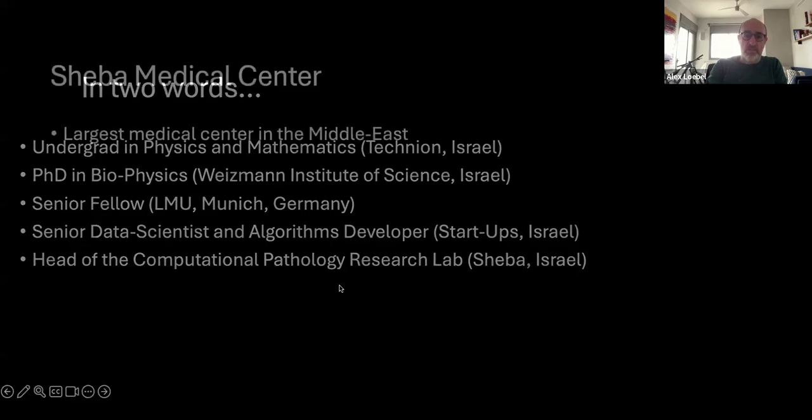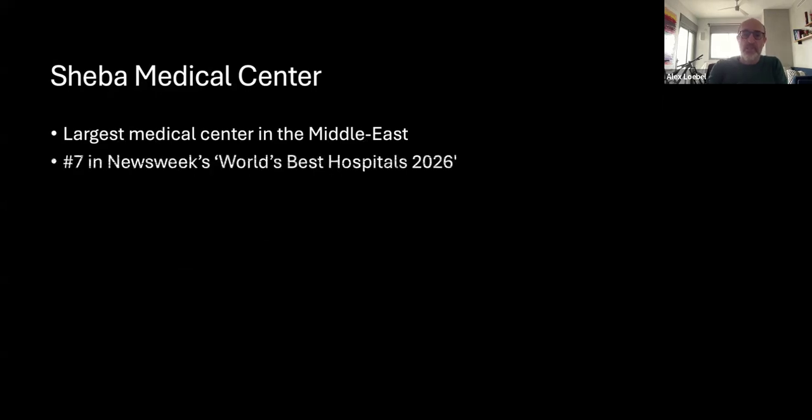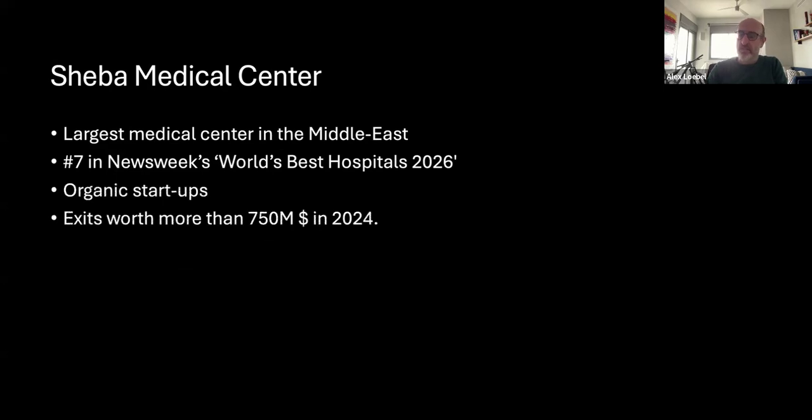Sheba is quite a unique place. It is the largest medical center in the Middle East. It is number 7 in the Newsweek World's Best Hospitals 2026, which is quite prestigious. And I can tell you from my time in Sheba, so again, I didn't know Sheba until 2 years ago, from an AI, algorithmic, and innovation perspective, it is really an exciting place.